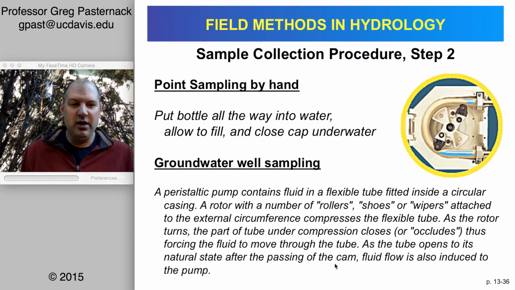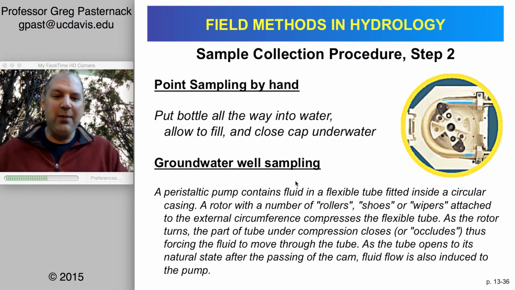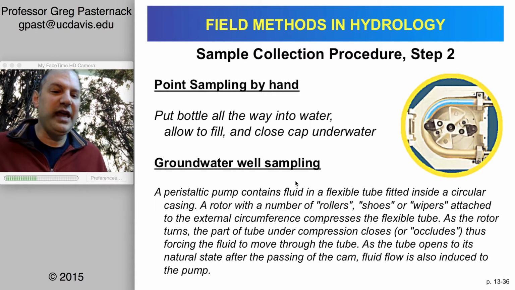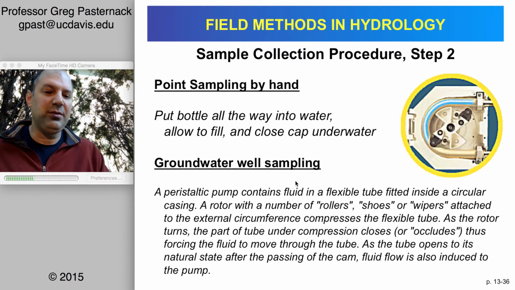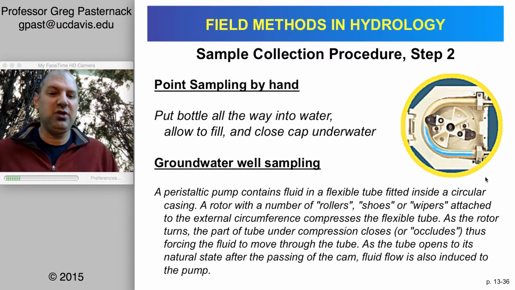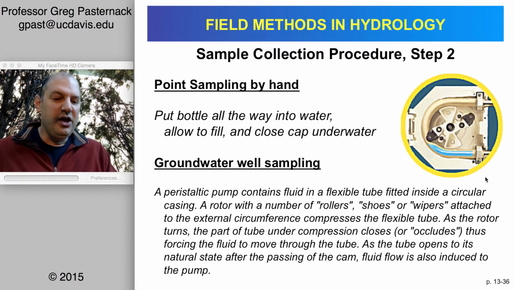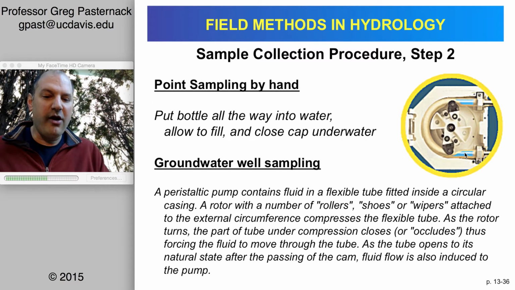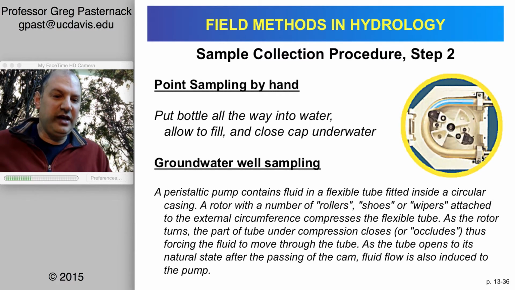For groundwater well sampling or an ISCO sampler or fluorometer, the LISST sampler I was saying for the suspended sediment concentration and particle size, you can use something called a peristaltic pump, and it's illustrated here.